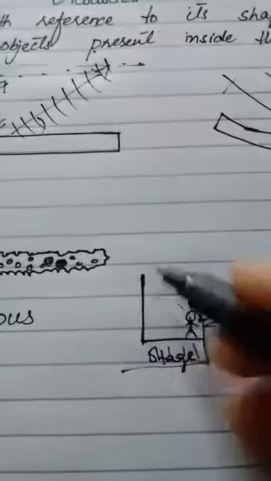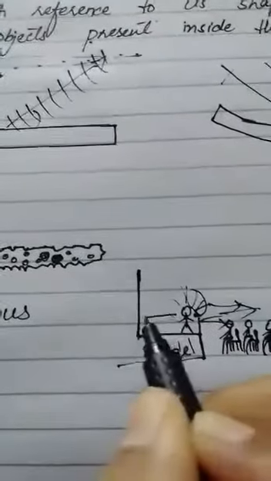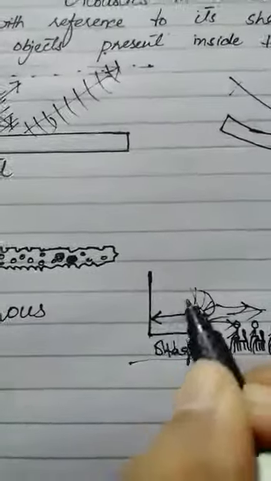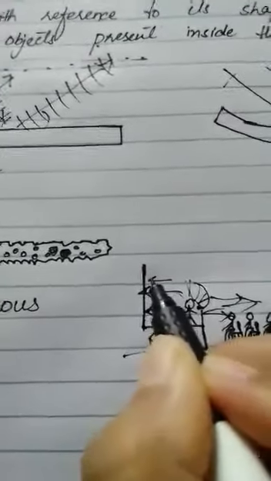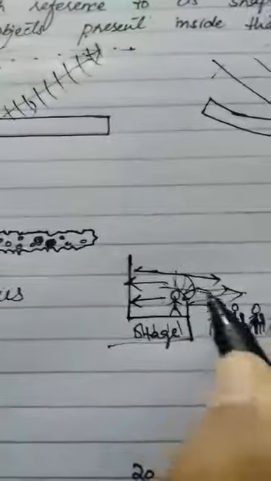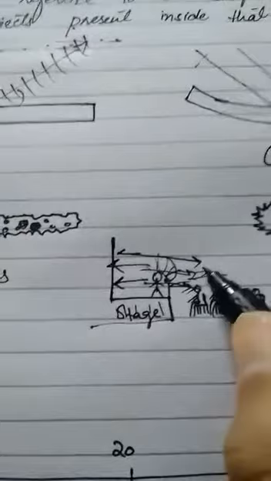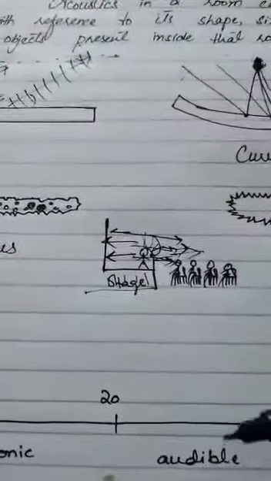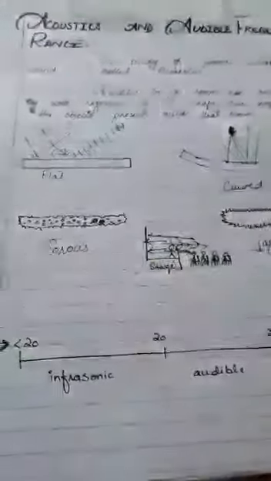But if we make this part more reflective, the sound waves will strike this surface and bounce back to the audience, giving a louder and clearer sound. That's why we use reflective surfaces behind the stages. This is all about acoustics and how different kinds of materials can absorb or reflect waves.